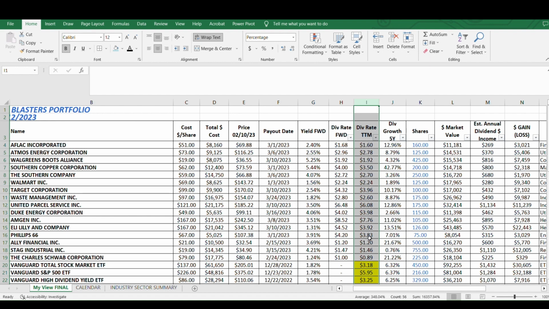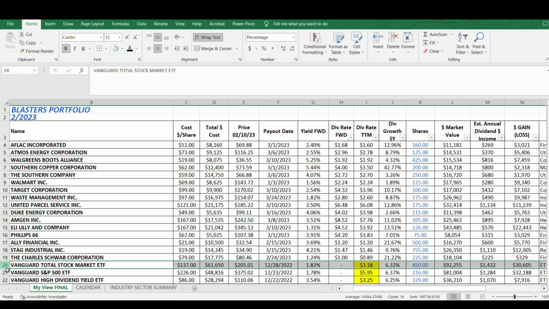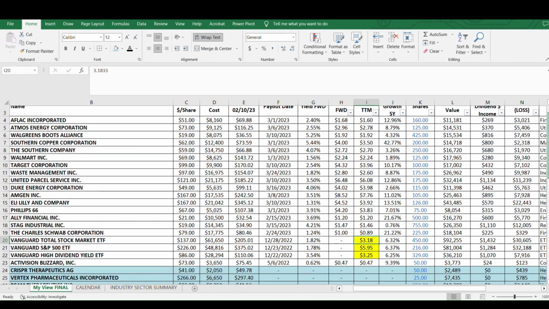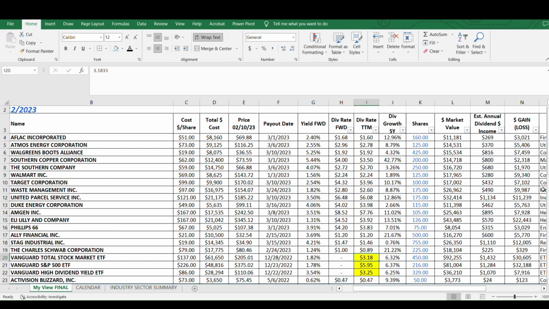I pulled this in because when looking at ETFs, at least where I looked, you can't find a dividend forward rate for ETFs. I could find more of the historical yield, so I pulled that in. But in most cases, I use the forward yield rate.